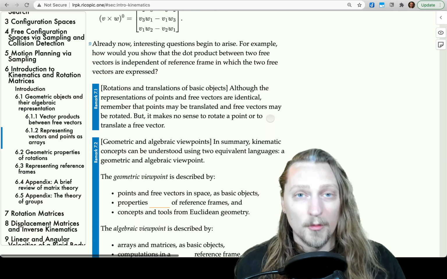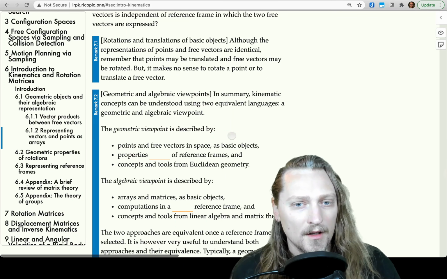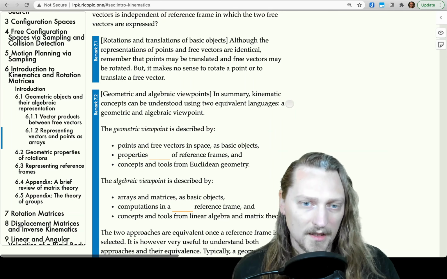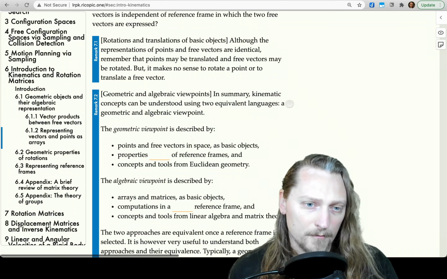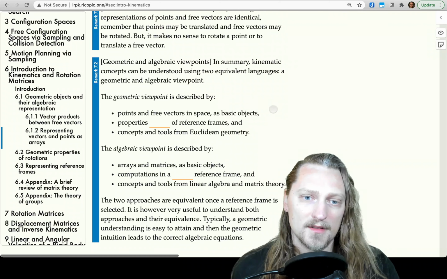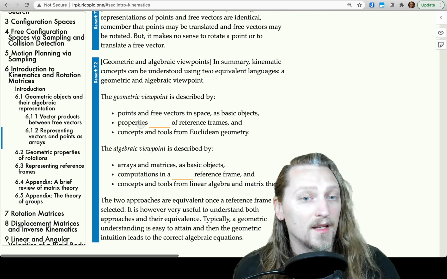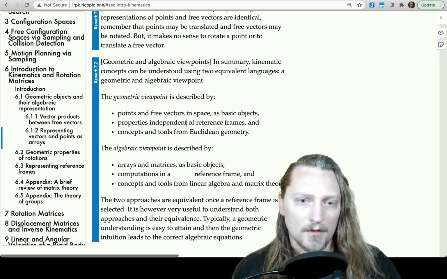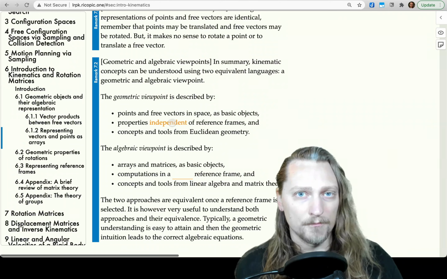All right. Remark 7.2, a little longer. Geometric and algebraic viewpoints. In summary, kinematic concepts can be understood using two equivalent languages, a geometric and an algebraic viewpoint. The geometric viewpoint is described by points and free vectors in space as basic objects, properties independent of reference frames, and concepts and tools from Euclidean geometry.